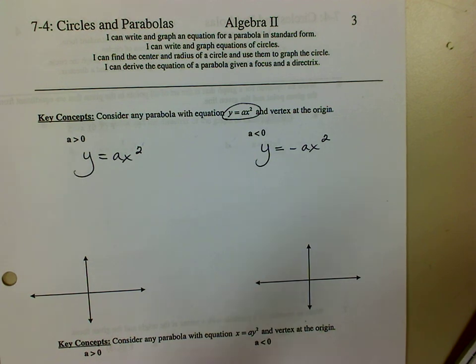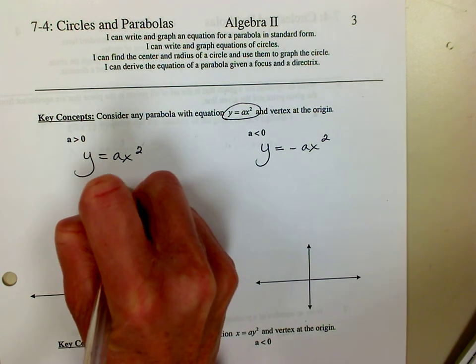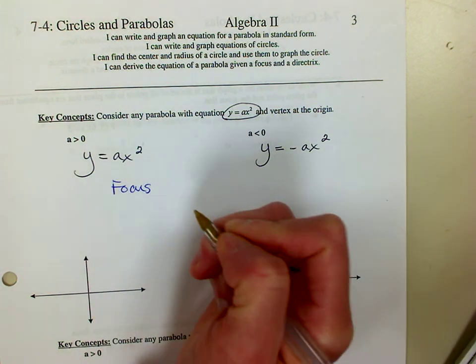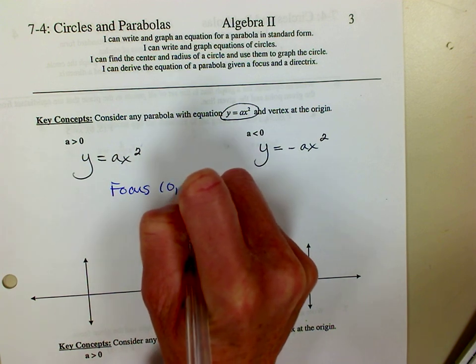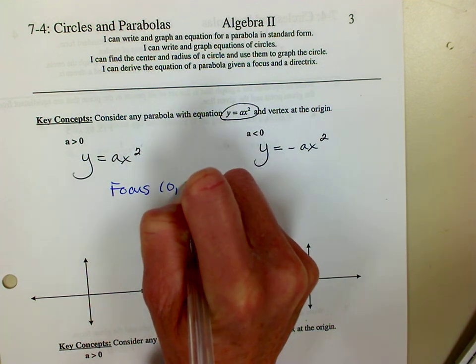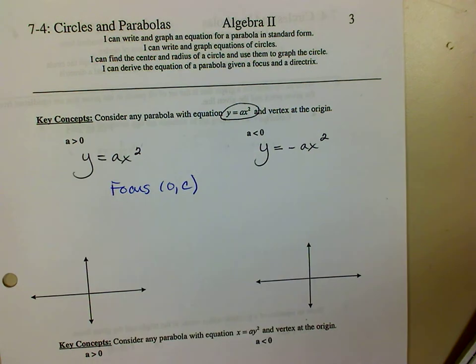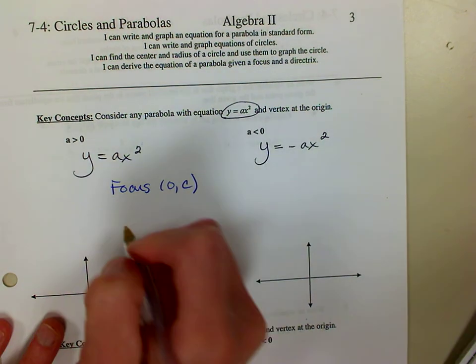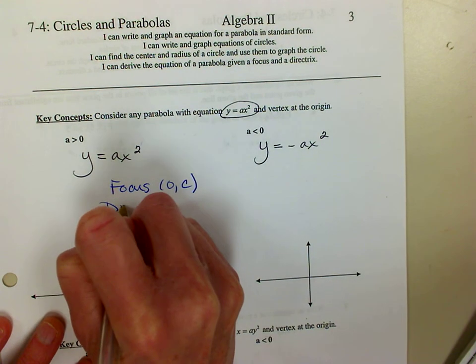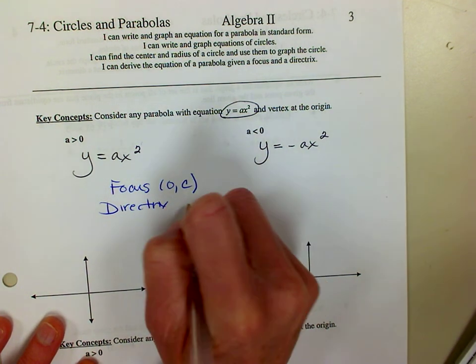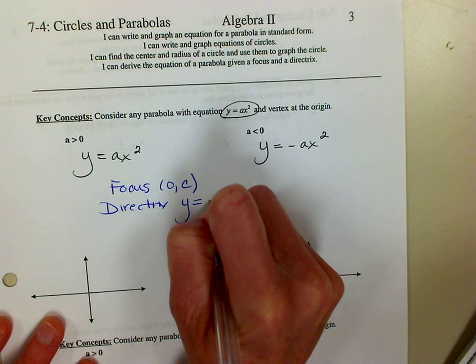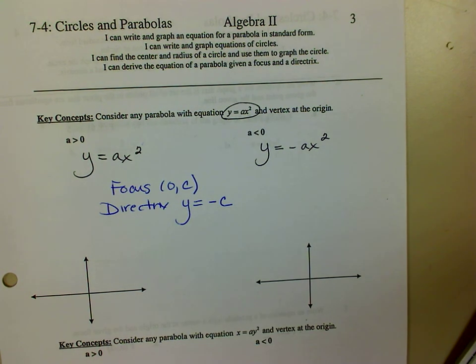Okay, so for this one, the focus is going to be 0, C. The directrix is going to be y equals negative C. And here's why it is what it is.